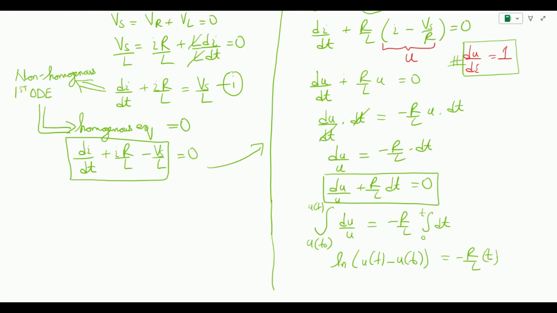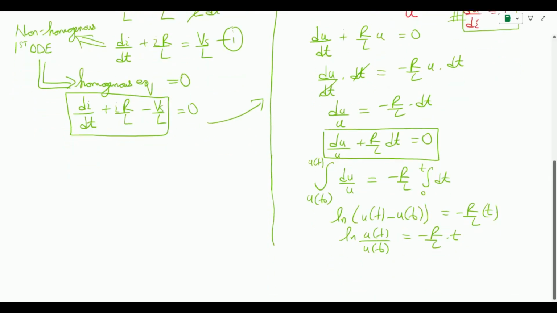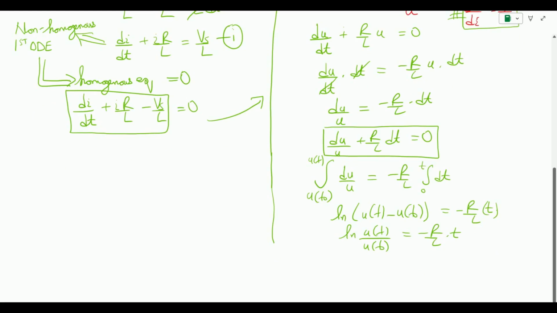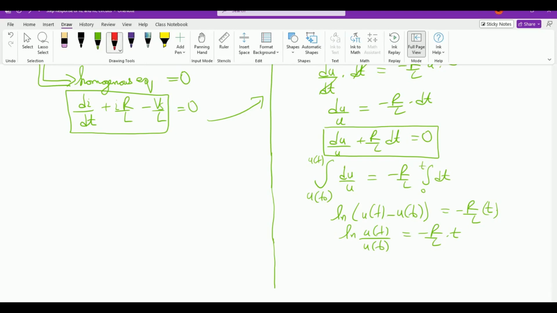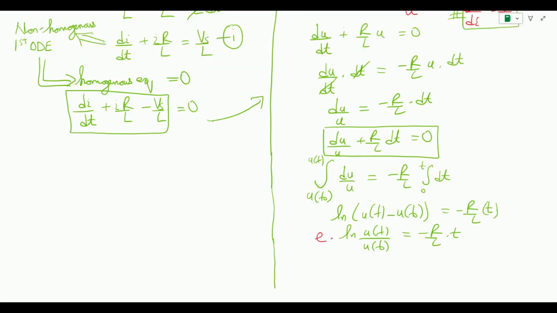Then this natural log property of subtraction can be transformed into a fraction, which is equal to minus R by L into t. So let us now get rid of this natural log by taking an exponential on both sides.